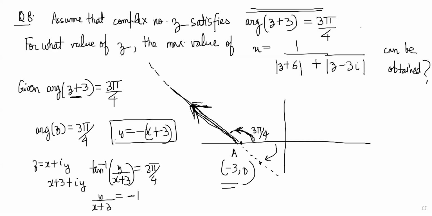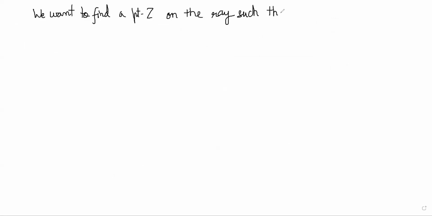Now we have to think about how to maximize the value of u, right? So let's think of that. So we want to find a point Z on the ray such that U is maximized.